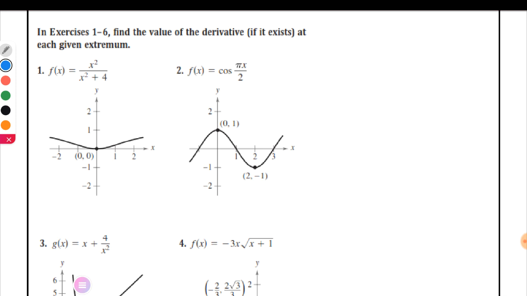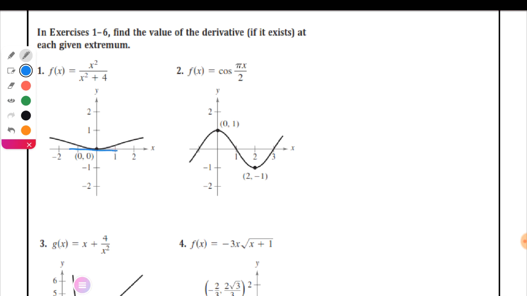Here, you have to know, at the extrema, the extremum here has a horizontal tangent, corner, or sharp point. Here, it has a horizontal tangent, as you see here.